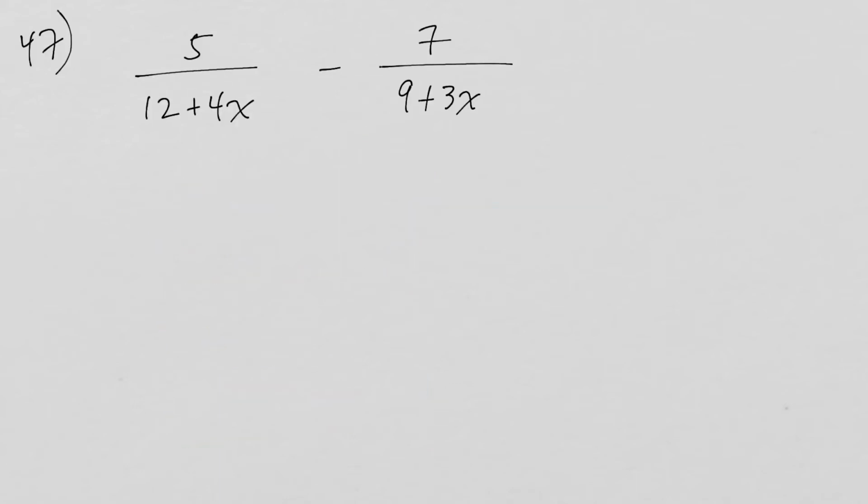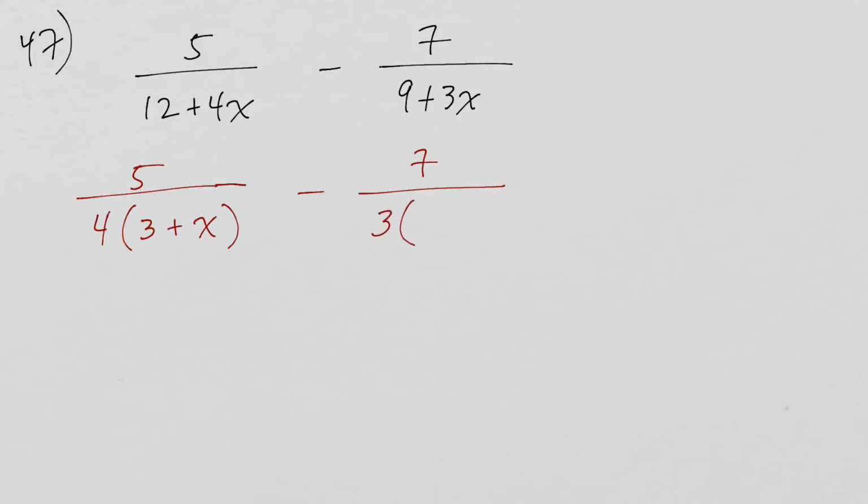I want to figure out what the LCD is, but before I do that, I need to factor. So I have 5 over, I can take a 4 out, and I'm left with 3 plus x down here, minus 7 over, I can take a 3 out, and I'm left with 3 plus x. So if you look at my monomial coefficients down here, the LCD between them, so let me do an LCD here, is 12.